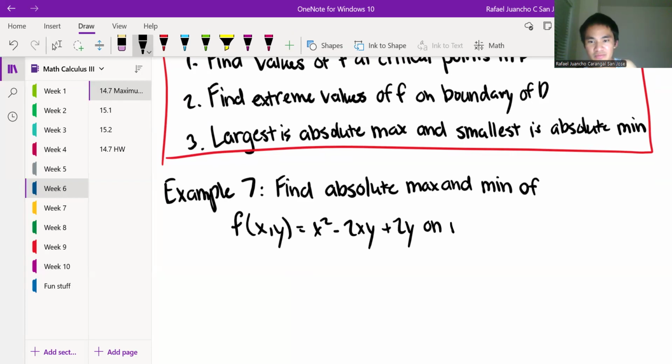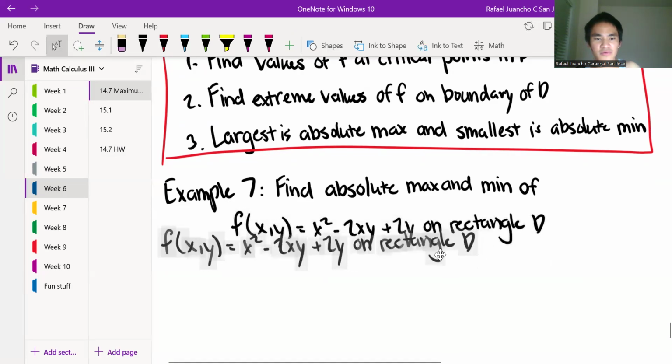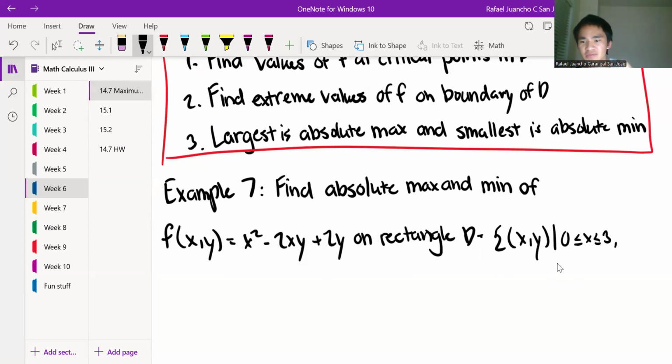The bounded set is a rectangle D, which is a set where x is between 0 and 3 inclusive, and y is between 0 and 2.